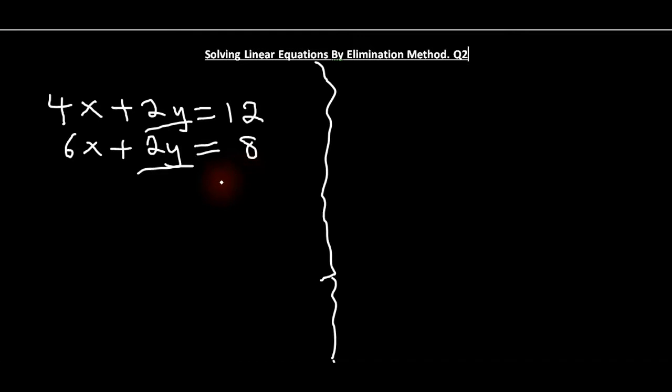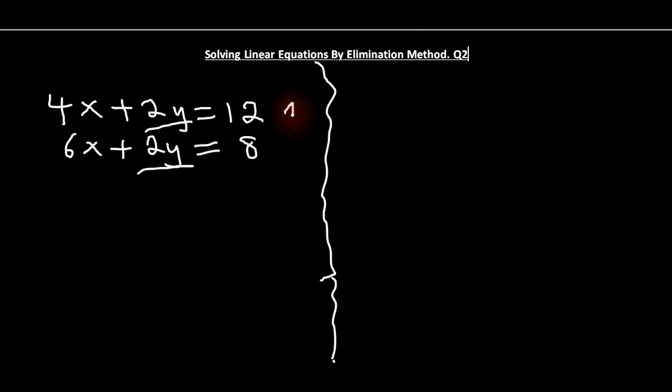So what we are going to do is choose any of the equations and multiply that equation by minus, let's say minus 1, before we are able to get the solution by summing up the equations.